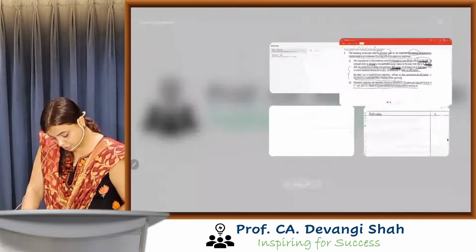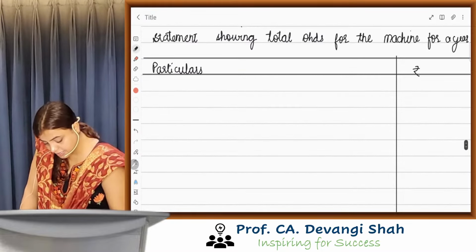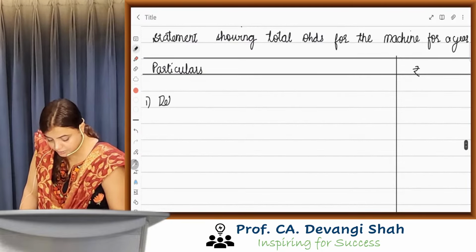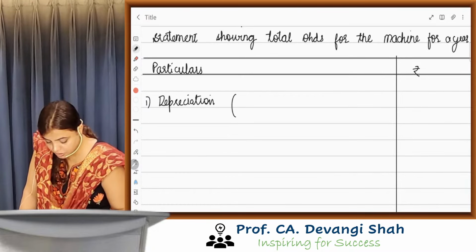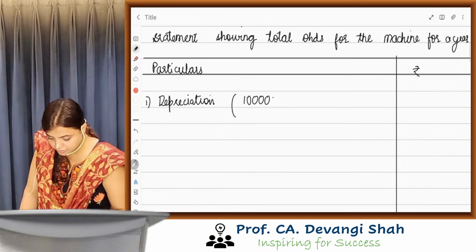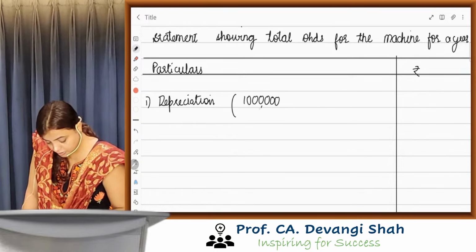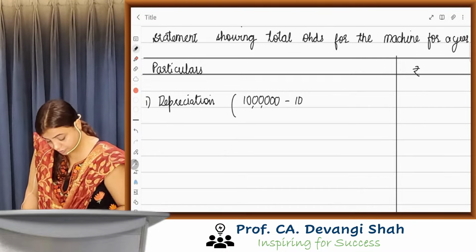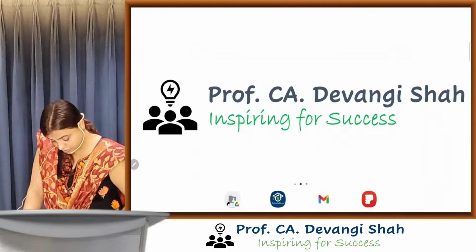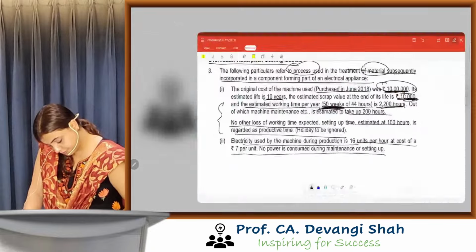Okay, so the first cost that we understand from this is depreciation, which is cost of the asset 10 lakhs minus scrap value. Scrap value is how much? 10,000.